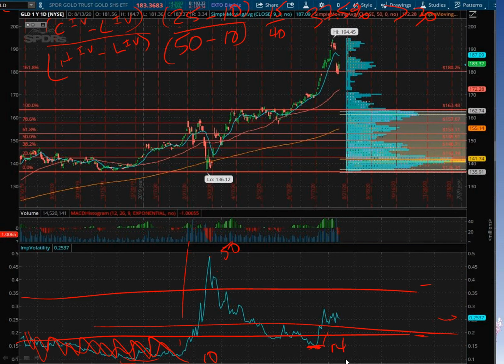I'm going to say that's 14, somewhere around there. And maybe you'd want to leave in that high of 50, but we could probably do a 35 in there. So let's say the high is 35.